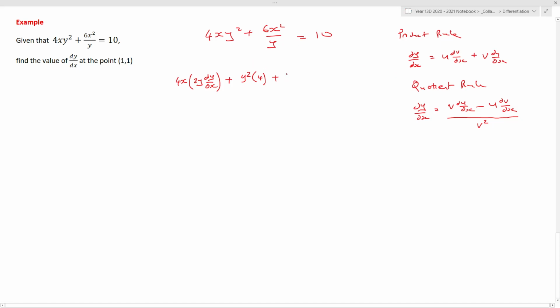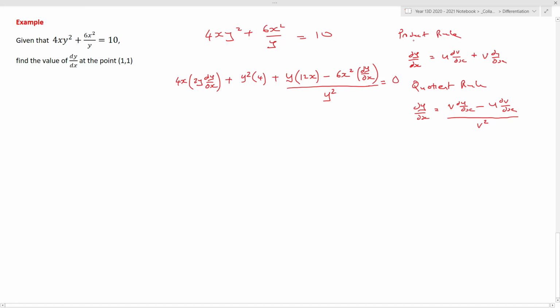So v first, which is y, times the differential on top, which is 12x, minus u, 6x squared, times differentiate y. Now we differentiate y with respect to y, you get 1. But remember, we have to put in that dy by dx next to it. And that's all divided by v squared. v is y, so it's going to be y squared. And that's all equal to, differentiate the constant, it's 0.